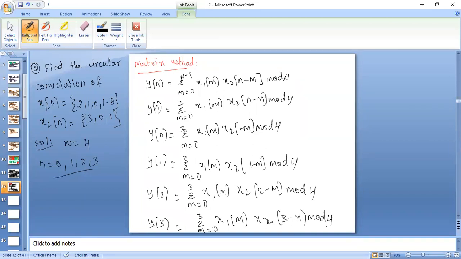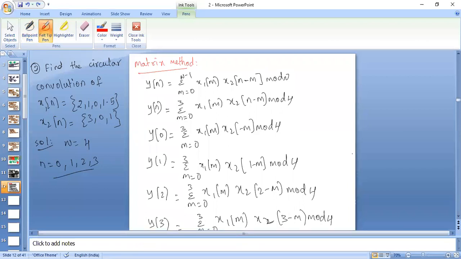Now we want to arrange all these four equations in matrix form. Before going to the matrix, let us see the coefficients of x2 of m. In general, x2 of m can be represented as x2 of 0, x2 of 1, x2 of 2 and x2 of 3, isn't it?